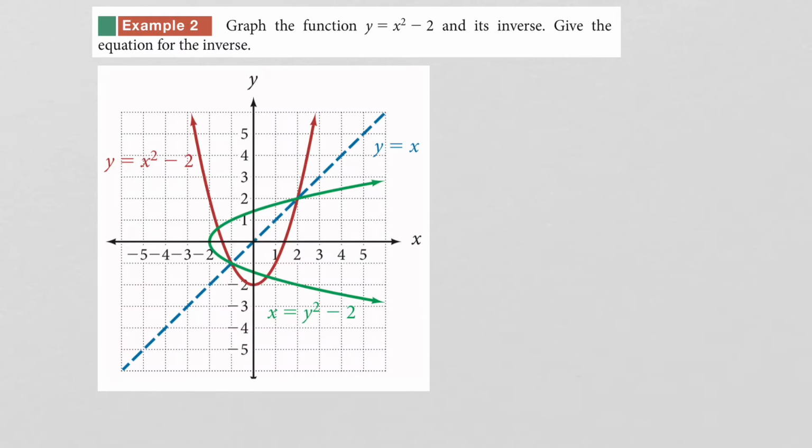I'm not going to take time to go through and painstakingly graph each one of these, but I will just show you that the original equation, y equals x squared minus 2, is this parabola here. And the inverse equation, x equals y squared minus 2, is this parabola here. And you can see, once again, we do have symmetry across this line, y equals x. You can see that symmetry in multiple places.